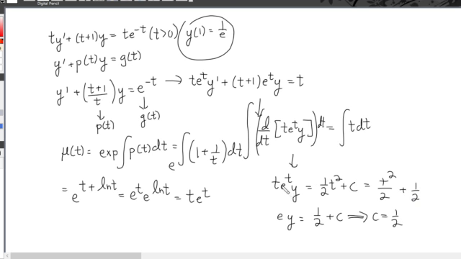And to solve for y, we just have to divide both sides by t times e to the power of t, so we get that y is equal to 1 over t times e to the power of t, times t squared over 2 plus 1/2, and the t's cancel out here, which gives us t squared plus 1.